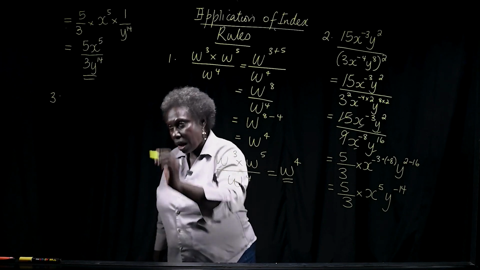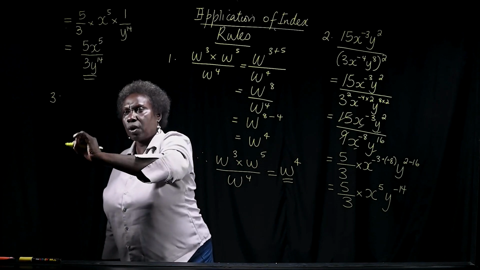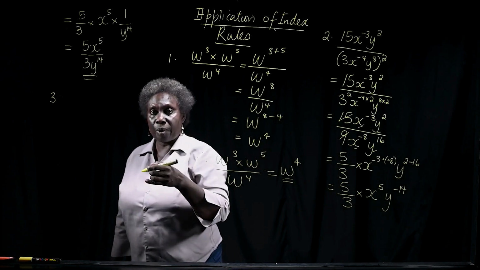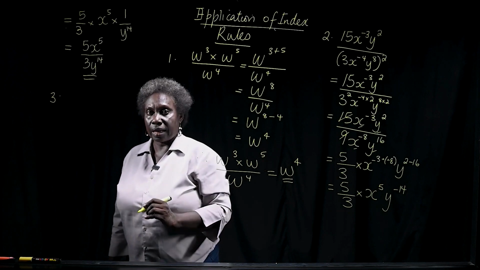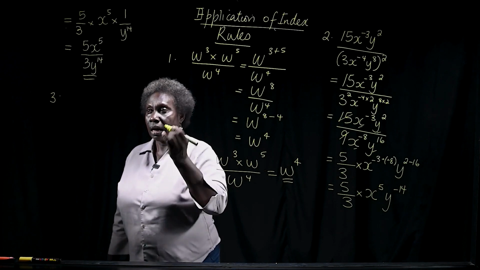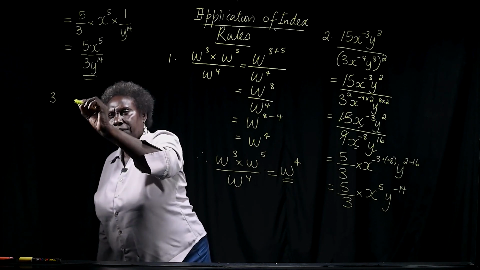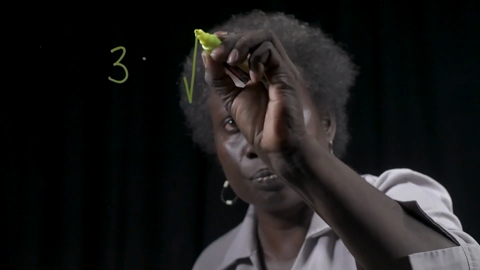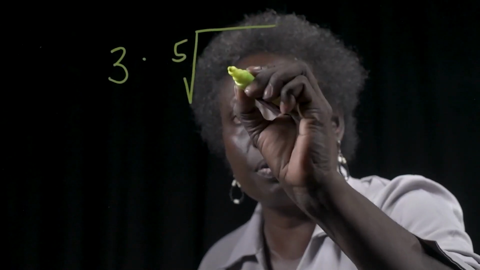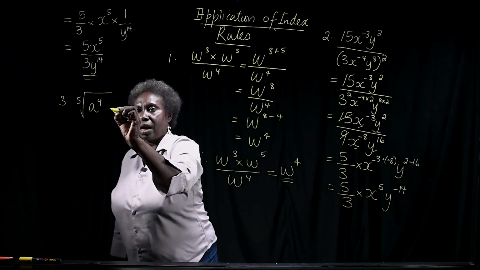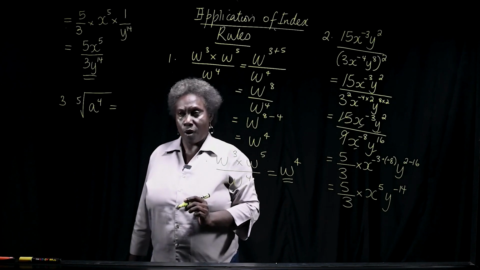Now, I have a question here. I am going to write this in surd form, and we are going to see how we can write that as a simplest answer in index form. Okay, so if I have the fifth root of a to the power of 4. Now, how do we write that in fractional index form?